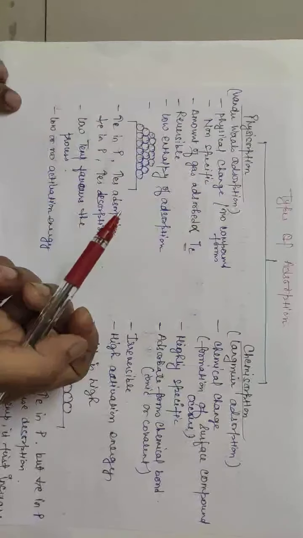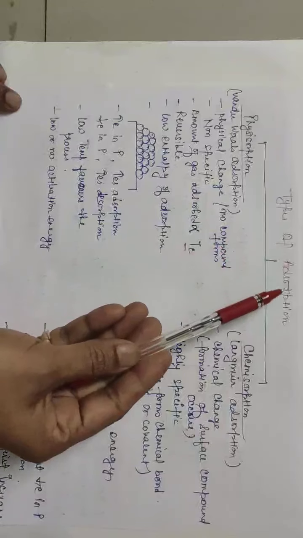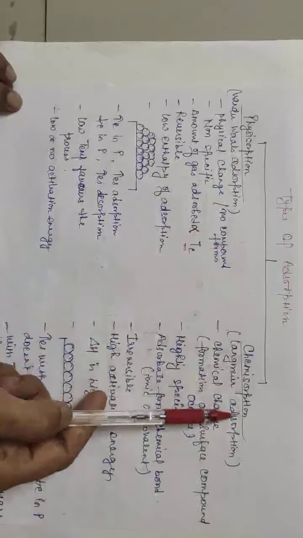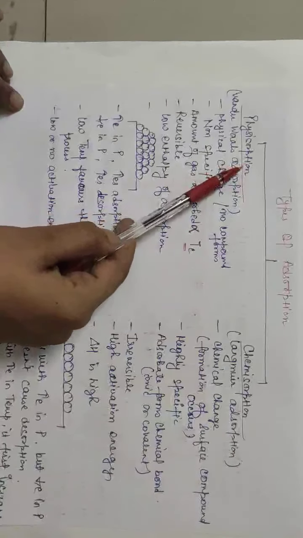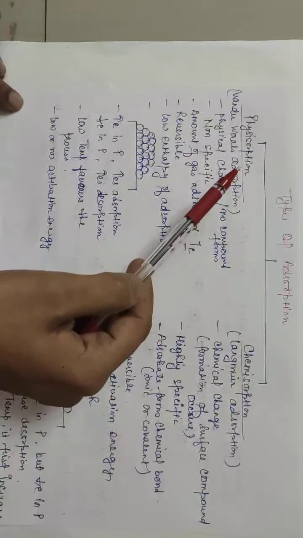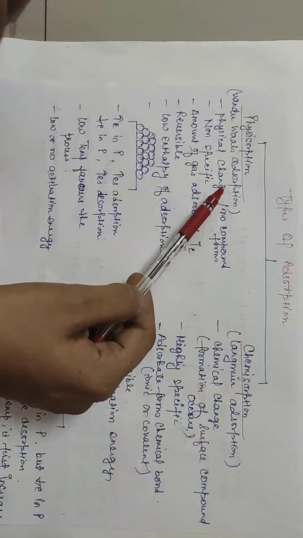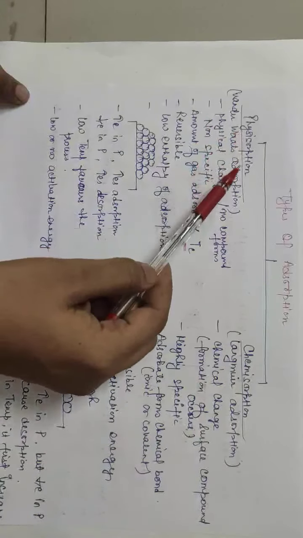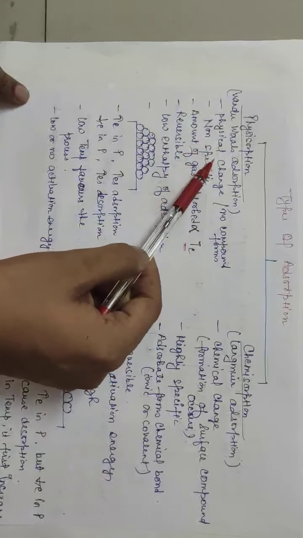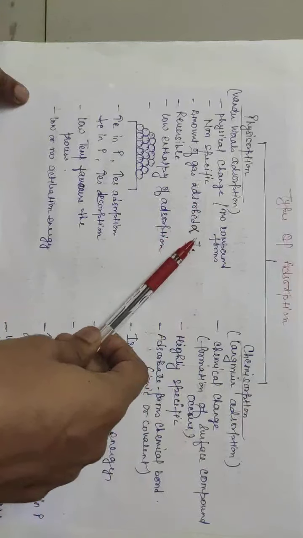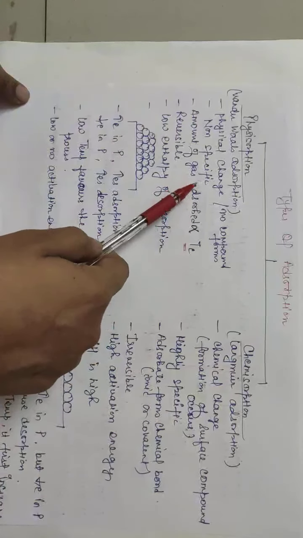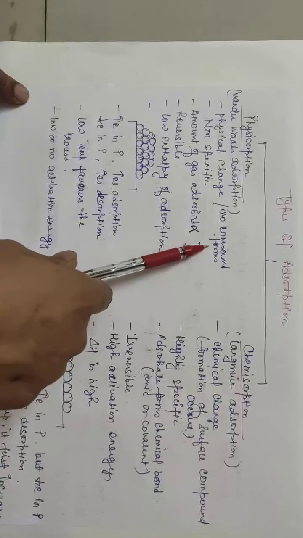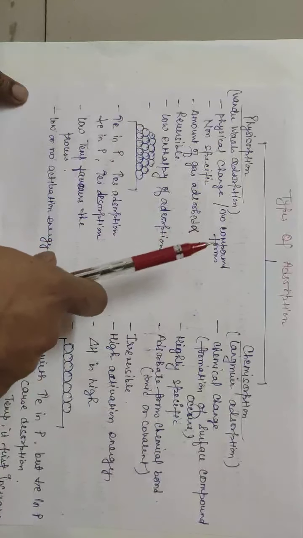Now let us see the types of adsorption. There are mainly two types of adsorption, known as physisorption and chemisorption. In physisorption, van der Waals forces of attraction are involved in the adsorption process. It is a very weak force, and so it is a physical change, that is, no new compound is formed. It is non-specific in nature, and the amount of the gas adsorbed is directly proportional to the critical temperature of the gas, as already explained.